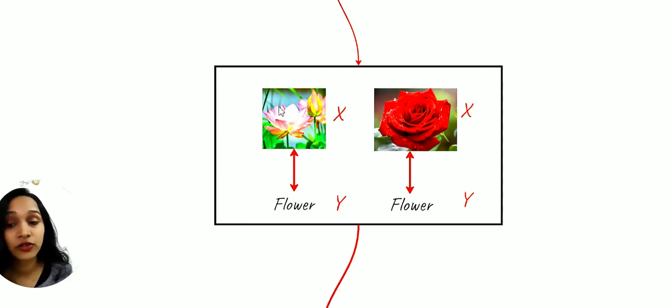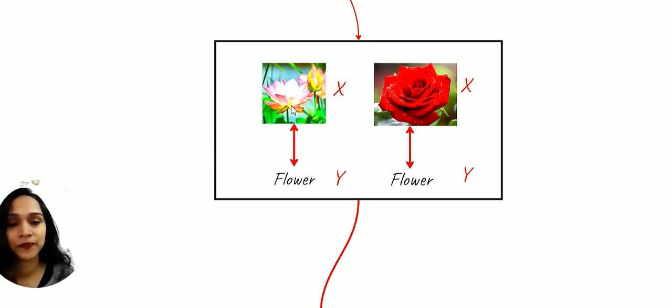All the lotuses will have some similarities or features that our machine learning model can learn and tell, okay, this image is of a lotus and this image is of a rose. So what are these shared similarities, these common patterns or relationships? We are supervising our machine learning model to learn these features from the image and learn the relationship between the features and the output, or the label.